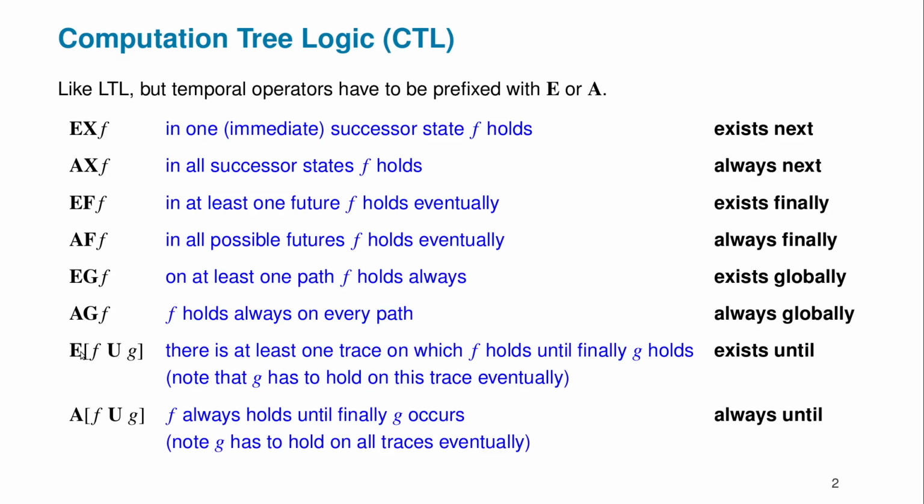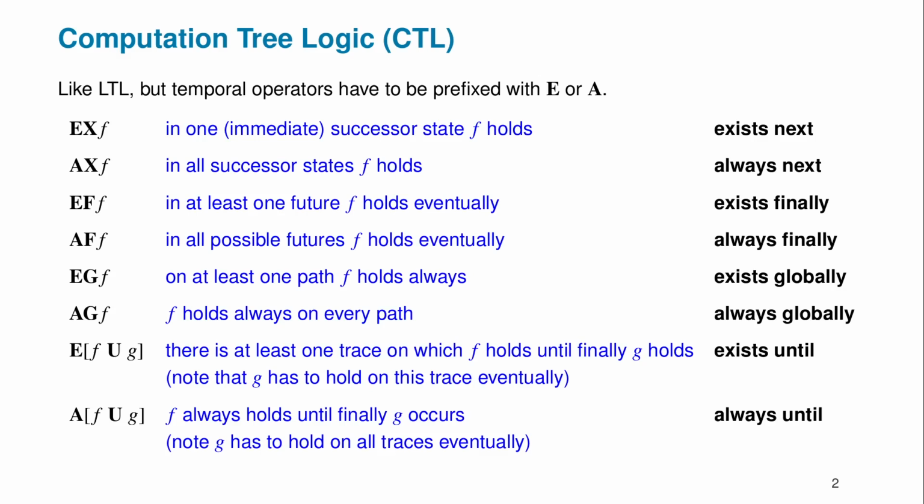And this says, so EFUG says there is at least one trace or path on which F holds until finally G holds. The important thing is that, as in LTL, G has to hold at some point. So it's not enough that F holds forever.